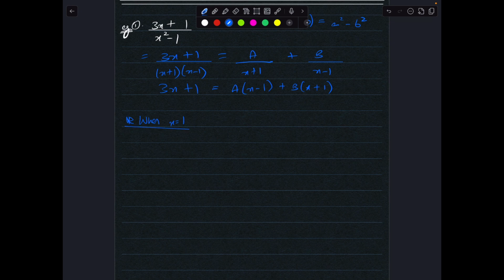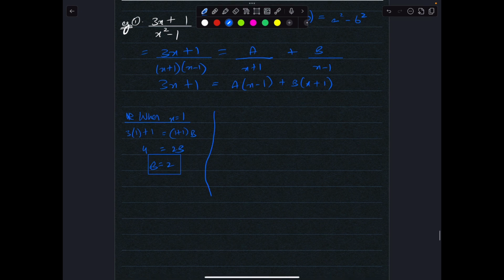I'll start by taking x as 1, so this cancels off. So I'll be left with 1 plus 1 b on the right hand side and 3 into 1 plus 1 on the left hand side. So I have 2b is equal to 4 and b turns out to be 2. Now when x is equal to minus 1, this cancels off.